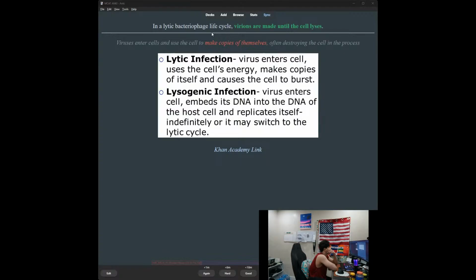Analytic material page. Zoom into the slides. There is a way to do something. Lysogenic.